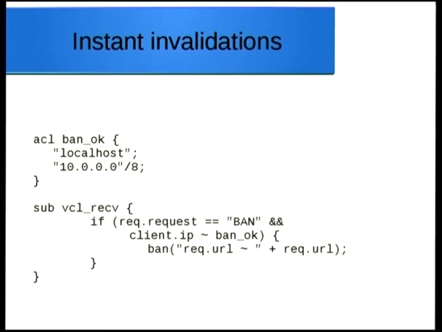So before serving an object, it will be checked against newer bans. This runs immediately, even if you have 1 million objects in your cache. But it adds a tiny bit of overhead to all the objects being served after you have added it, because they need to be checked whether their URL is the incoming URL here.